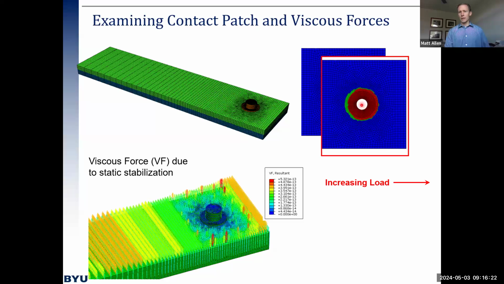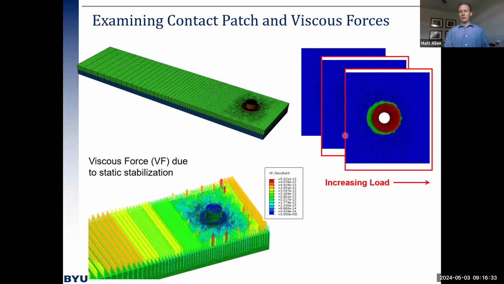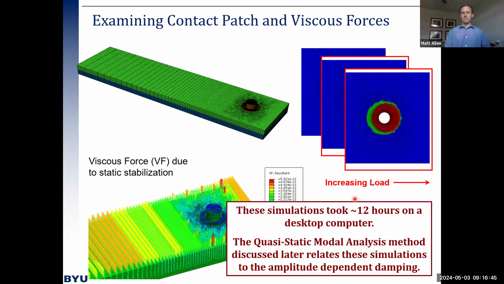So green is slipping, red is stuck, blue is not in contact. And that's at the interface between this sandwich of two cantilever beams. And as you increase the load more and more, the area of slip increases. And you can use all that information to understand how much energy is dissipated and how much energy would then be lost to damping.